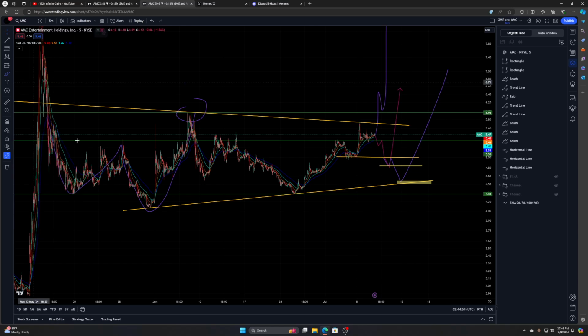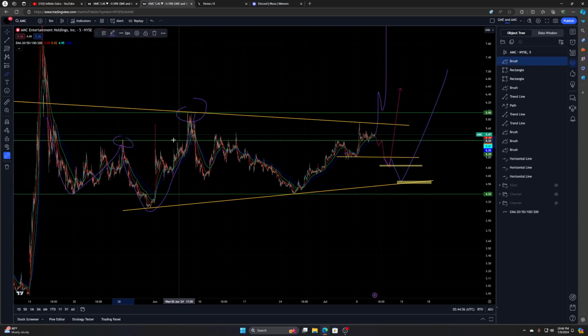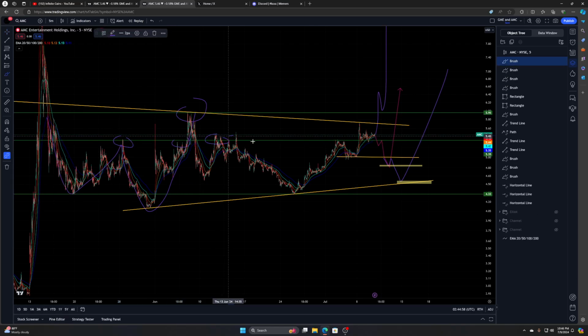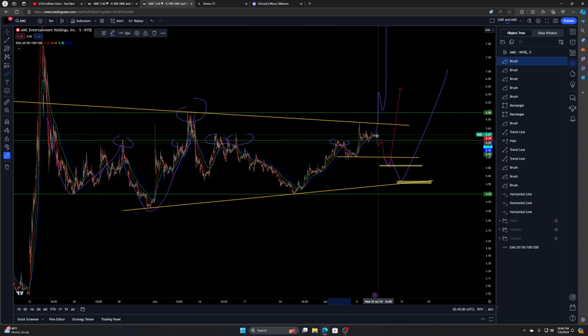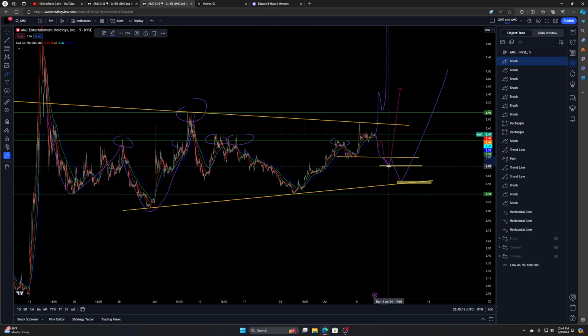In the past, we've gotten knocked down so many times from this level that it's not even funny. So you could easily go back and test these levels, the $5 level. You could easily go back to $5, and if we go back to $5, you might as well create a spring at 480 and then shoot up.